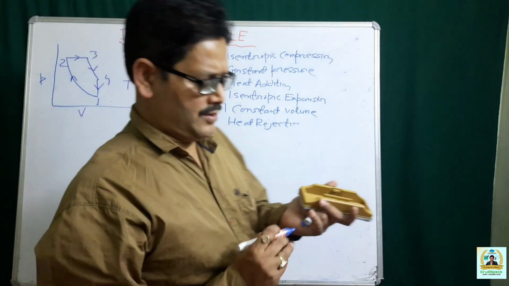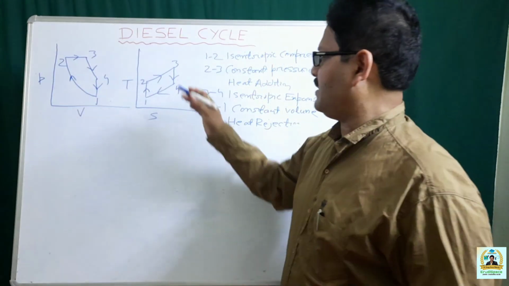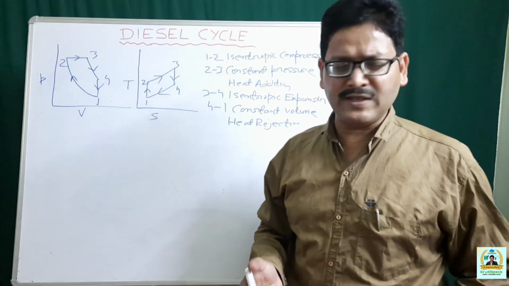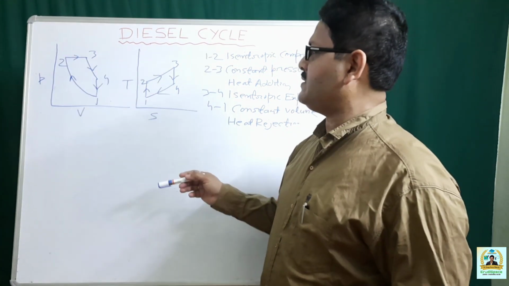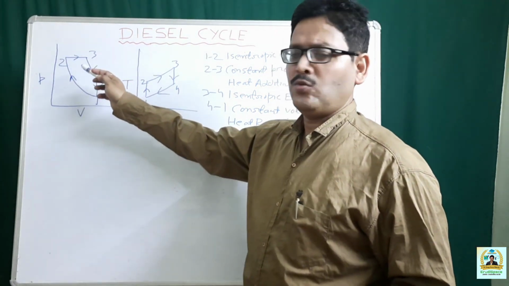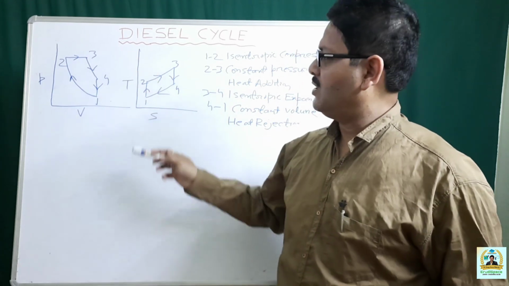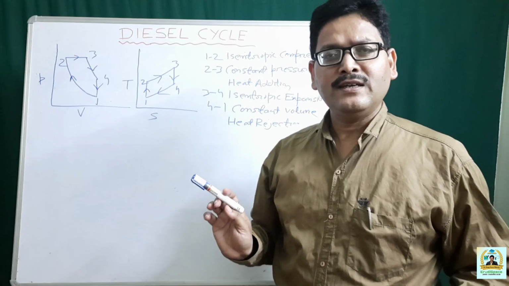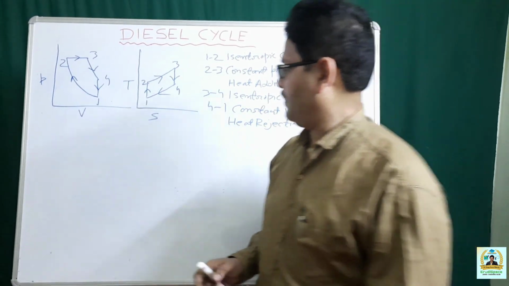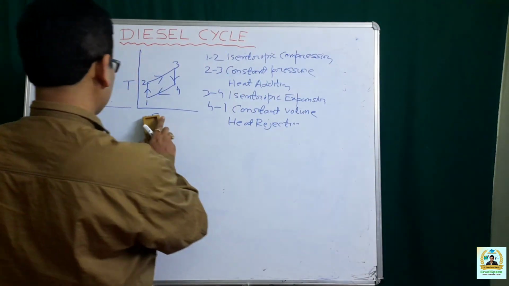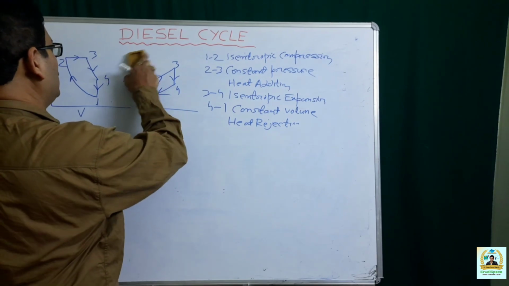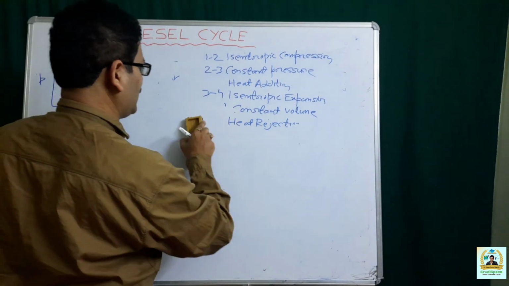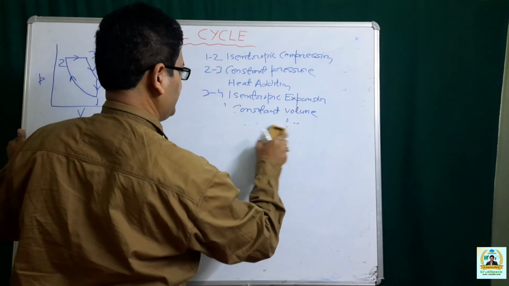So now, if you compare this thermodynamic cycle with the Otto cycle which we have discussed, the only difference is the heat addition, which takes place at constant pressure. The other 3 thermodynamic processes remain the same. Now, we will derive an expression for the efficiency of the cycle.